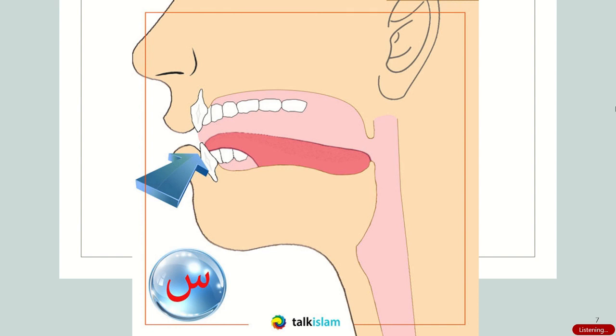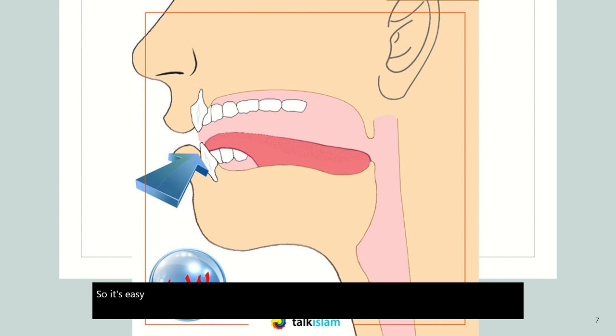Just imagine that you are pronouncing the letter S in the same manner. Sin, sin, sin. Your tongue is behind your bottom teeth, and you close your teeth, or clench them.